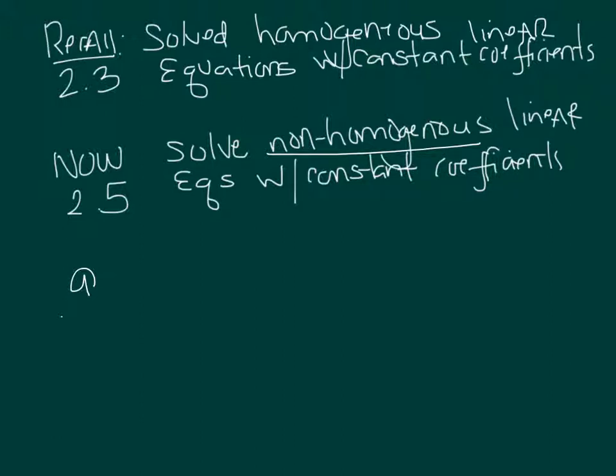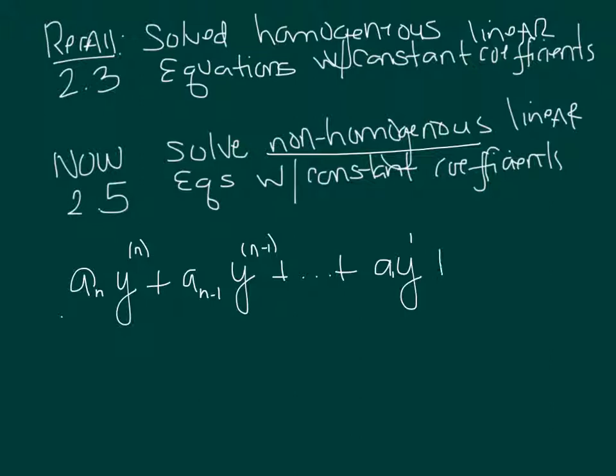So that's a_n y to the nth order plus a_(n-1) y to the (n-1) order, plus all the way to our first derivative, plus our a_0 y. We've seen this before. This is a homogeneous nth order linear equation with constant coefficients.